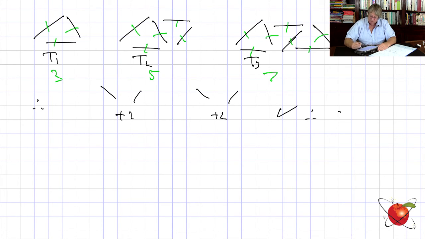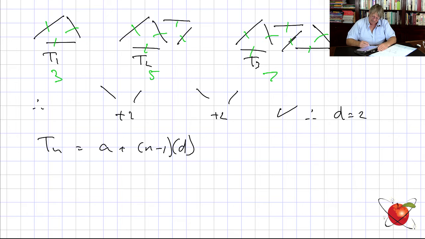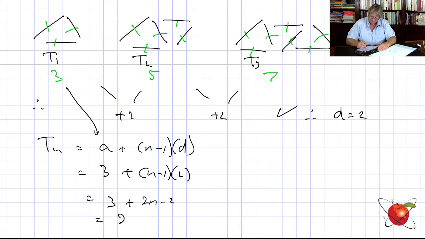Therefore, D equals 2. Write down the formula: A plus n minus 1 times D. A is the first term. 3 plus n minus 1 times 2, which is 3 plus 2n minus 2, which is 2n plus 1.